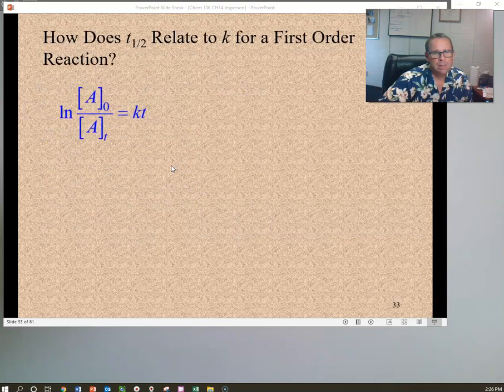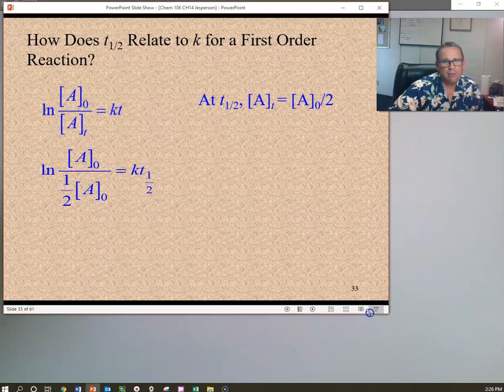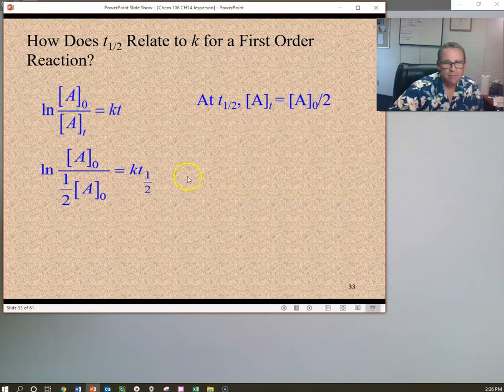Let's see. We also said that because first order reactions have a fixed half-life, t, if you put the half-life value into this equation here, then your initial concentration, if it equals A naught, will relate to your final concentration by just 1/2, right?